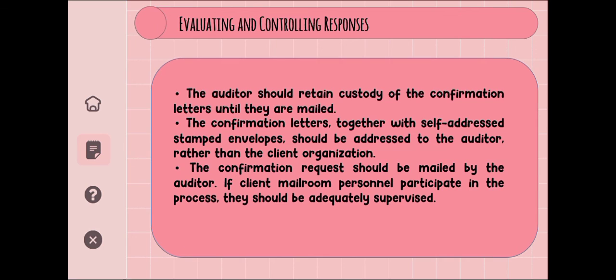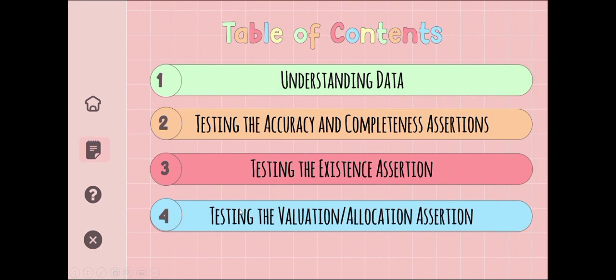The confirmation letters, together with self-addressed stamped envelopes, should be addressed to the auditor rather than the client organization. Third, the confirmation request should be mailed by the auditor. If client mailroom personnel participate in the process, they should be adequately supervised. So the last one, control, is testing the evaluation and allocation assertion.